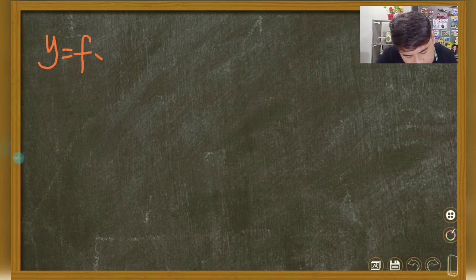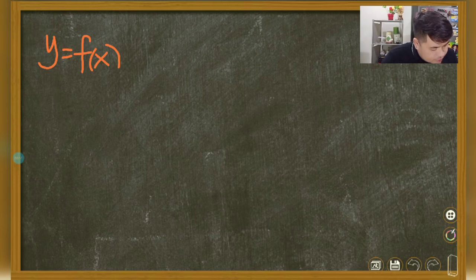So the function now is denoted by, of course, y is equal to f(x). Okay, so that is now the notation of the function, because the value of y depends on x.